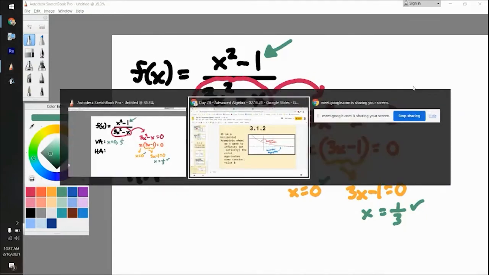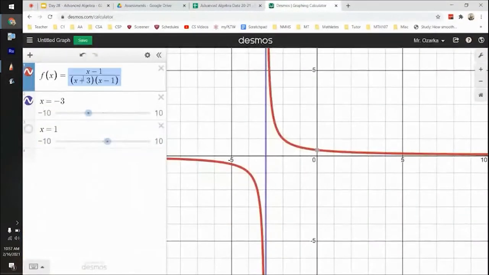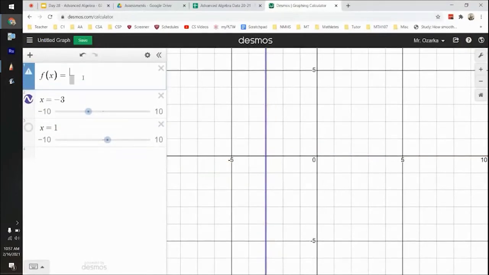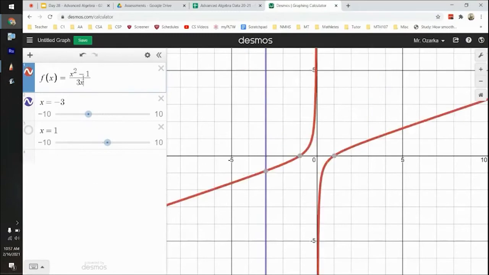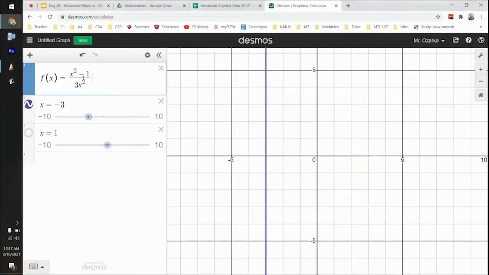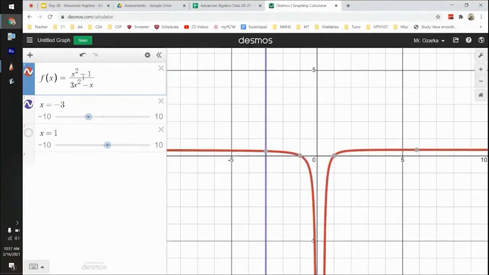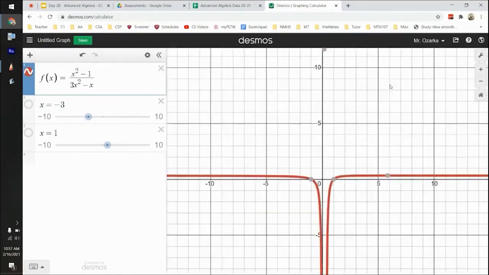Let's look at what this looks like when we graph it, just to make sure we're doing this right. It's going to be x squared minus 1 over 3x squared minus x. Hold on one second, these are too close together. Let's bring this down.